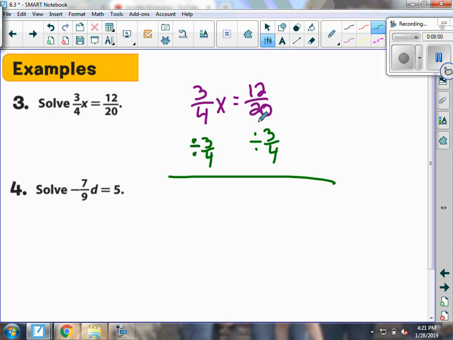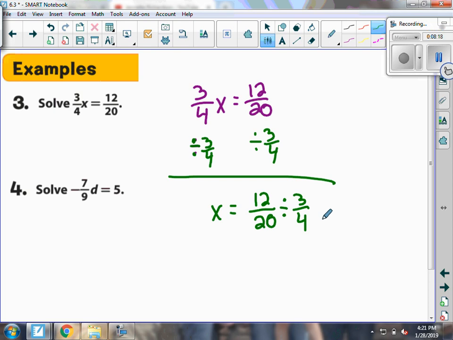So that gives me 12 over 20, so x is equal to 12 over 20 divided by 3/4.